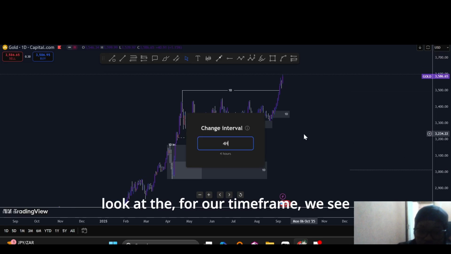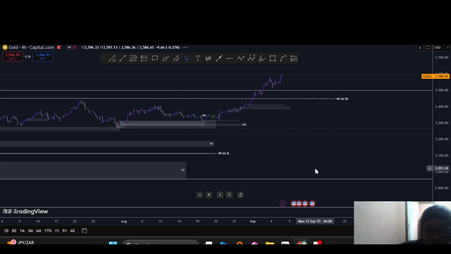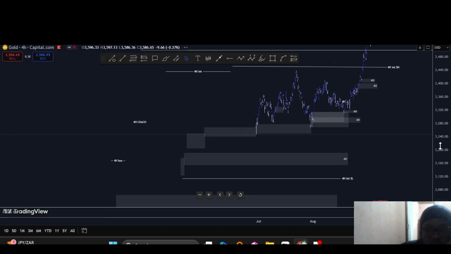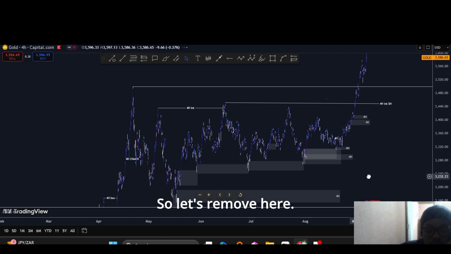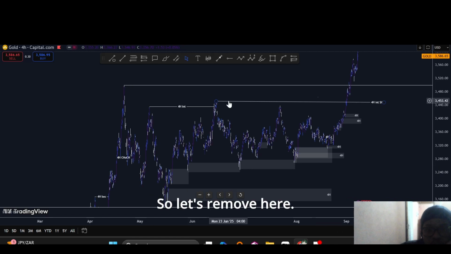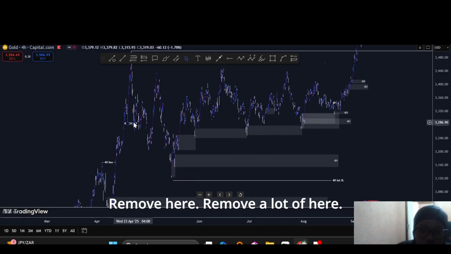Let's look at the 4-hour time frame to see if there will be any improvement regarding price. So let's remove a lot of you.